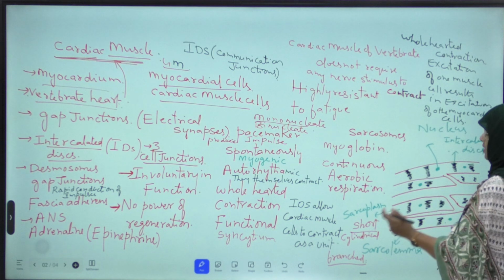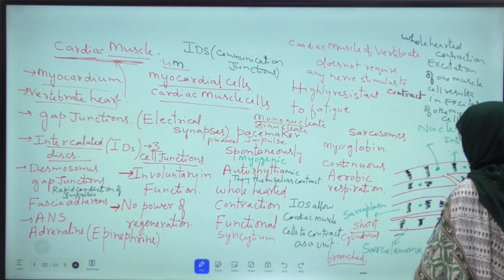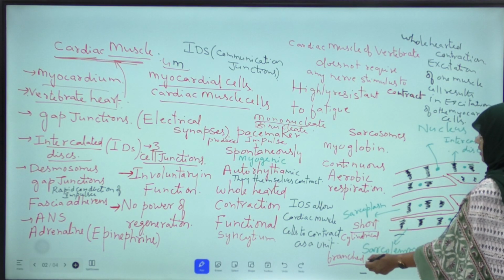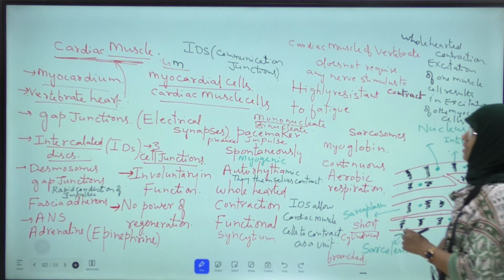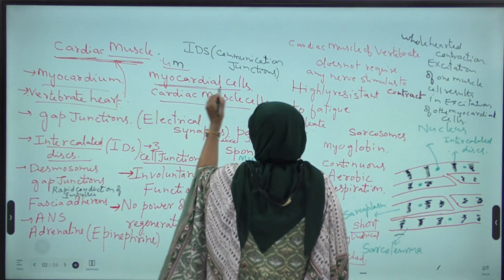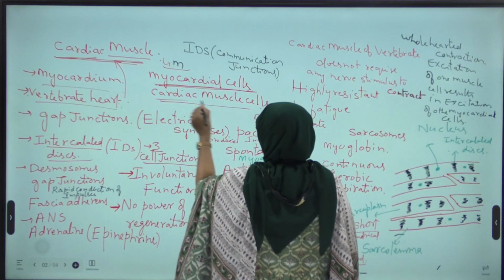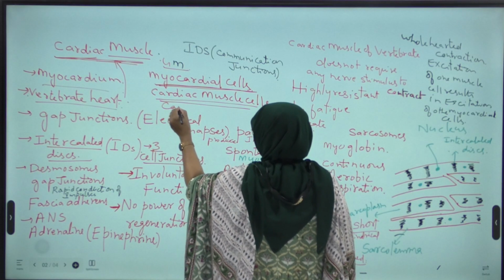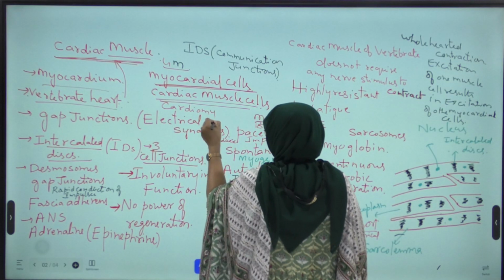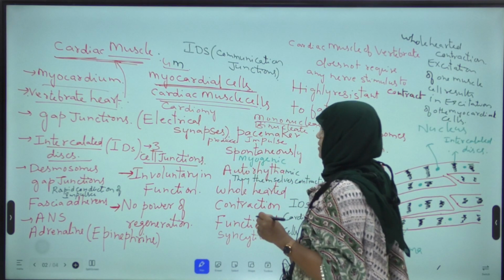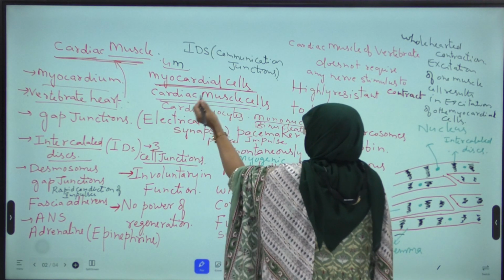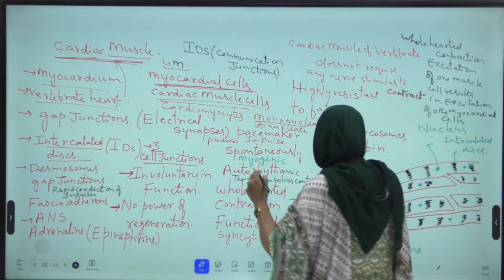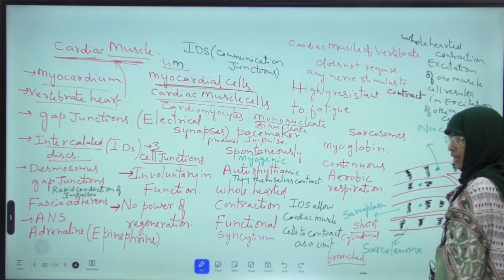These cardiac muscle cells are short, cylindrical and branched, and the branches are connected with adjacent cardiac muscle cells. Cardiac muscle cells are also known as myocardial cells or cardiomyocytes.